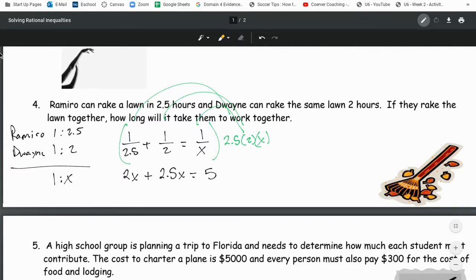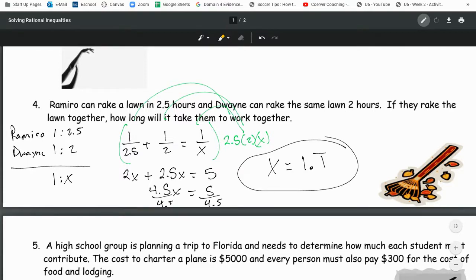And then I start simplifying. This gives me 4.5x is equal to 5. Then I have to divide by 4.5 to both sides. So x gives me 1.1 repeating. Okay, so it will take about 1.1 hours for them to complete that job.